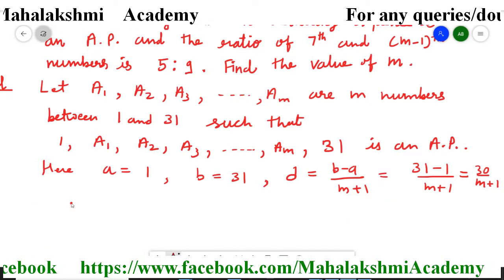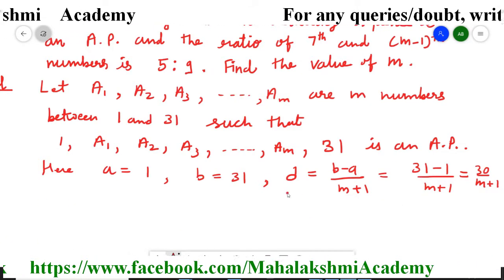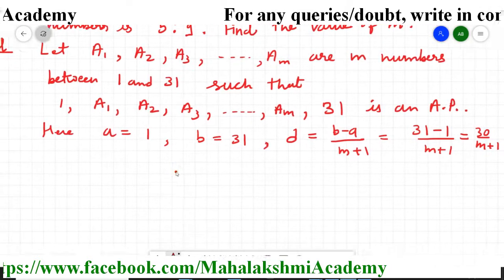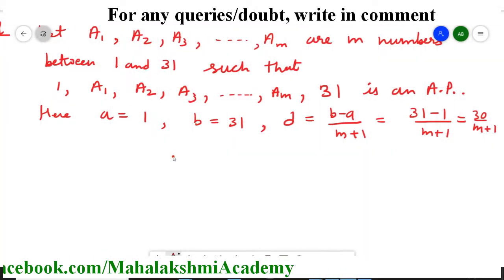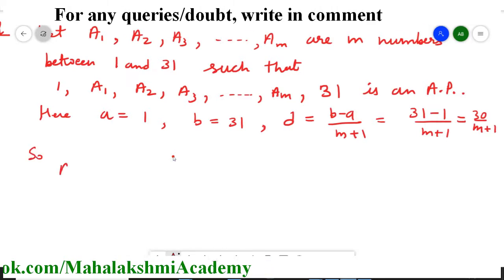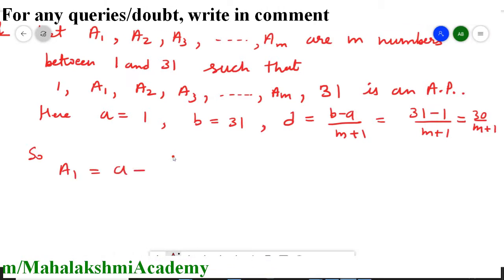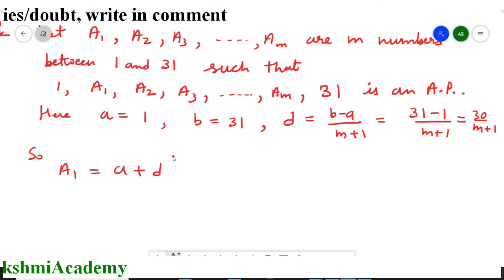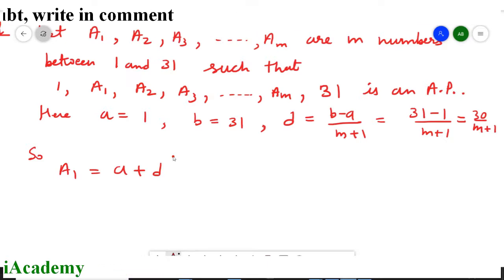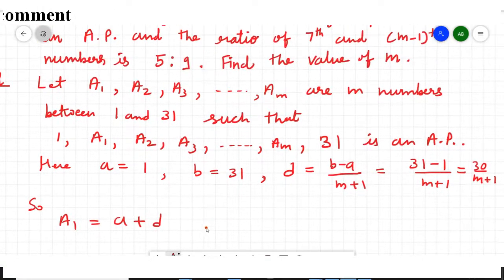So now we have a and we have d. From arithmetic means, I am going to write down directly the formula. A1 is a plus d. And now what do we want? The ratios are given to us in the question, so first we'll see which terms we want.